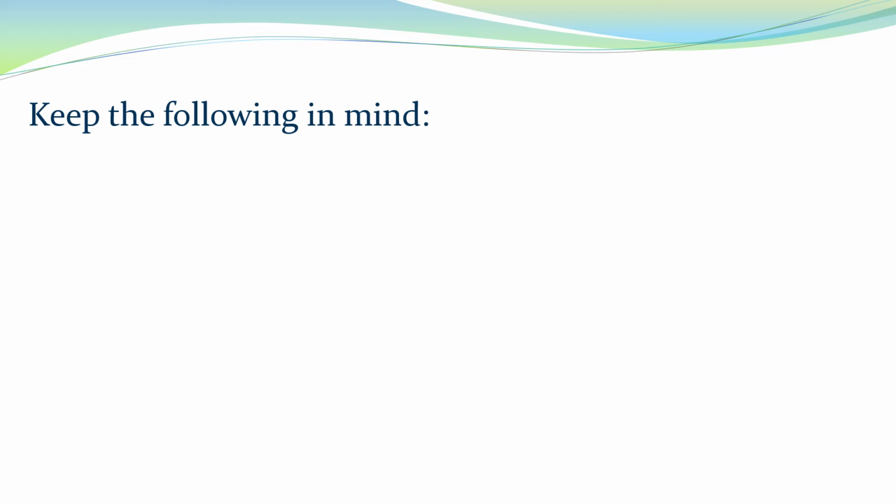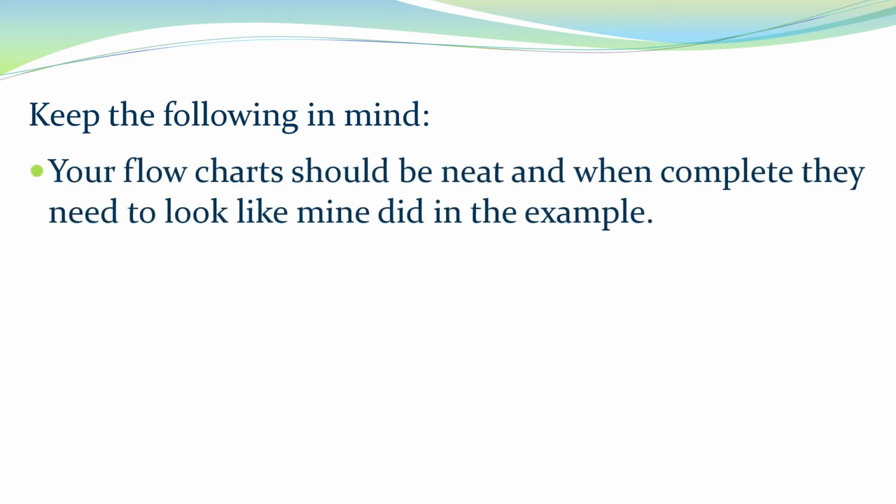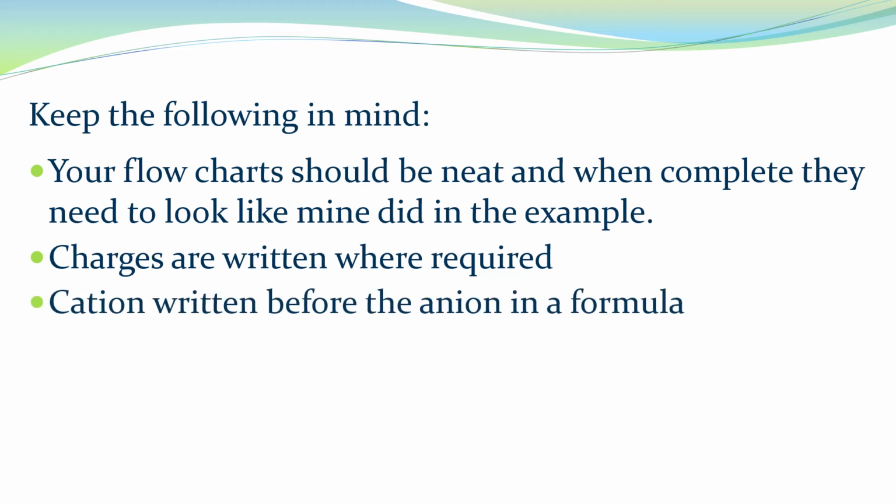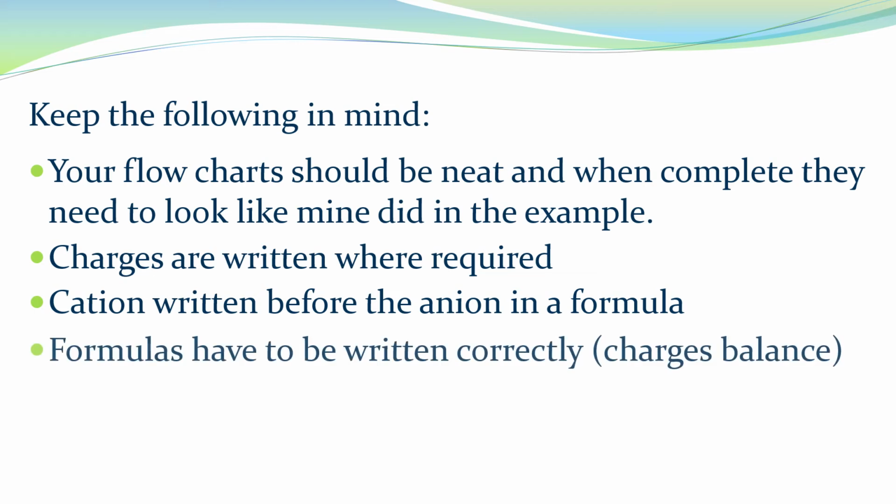Keep the following in mind. Your flowcharts should be neat, and when complete, they need to look like mine did in the example. Charges are written where required. Cation is always written before the anion in a formula, and formulas have to be written correctly. Charges balance out.